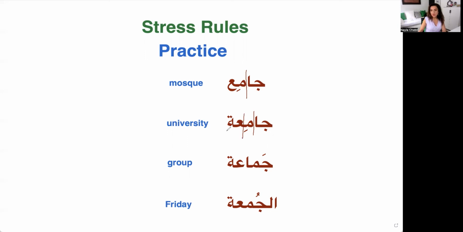Because the last syllable is heavy, the one preceding it is light, so my stress goes to the first syllable. جامعة. Again, جامع. جامعة. The difference between these two, stress-wise, there's no difference. They both stress the first syllable.